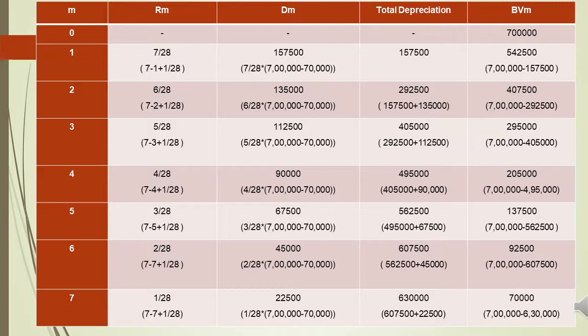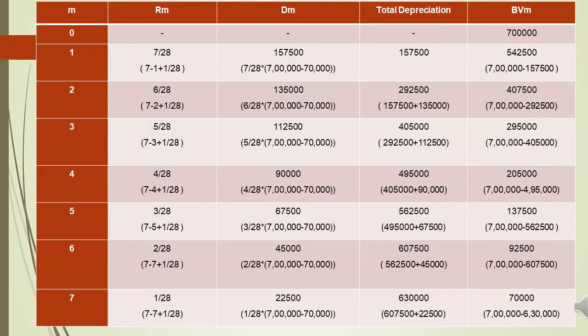Okay, that is done. Next I am going to calculate the total depreciation for the fourth year. So I am going to add the total depreciation of the previous year with the DM of the present year, that is the fourth year. So that will be 405000 plus 90,000.